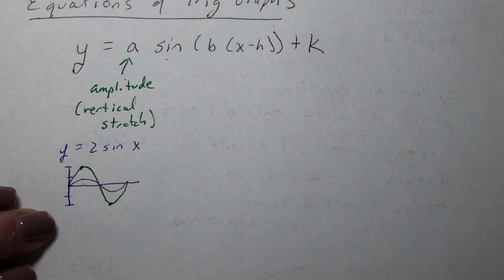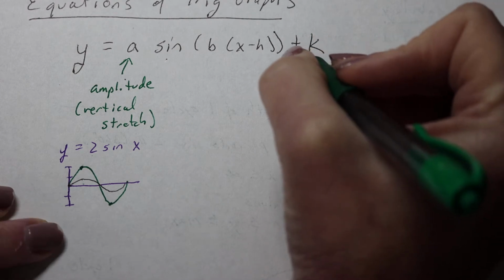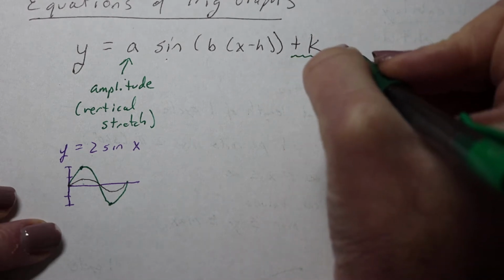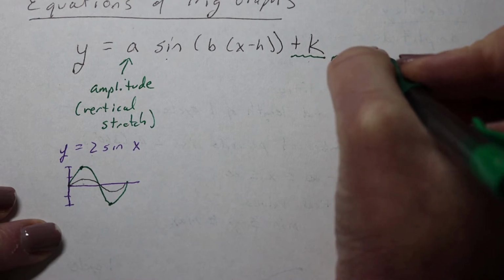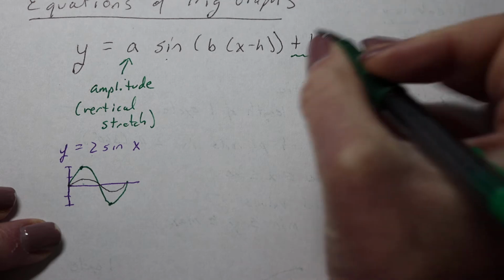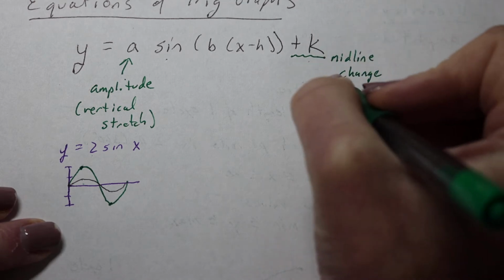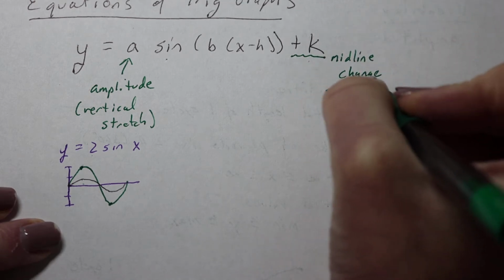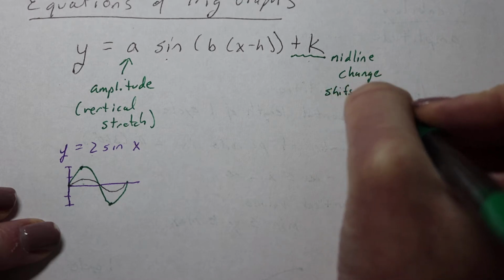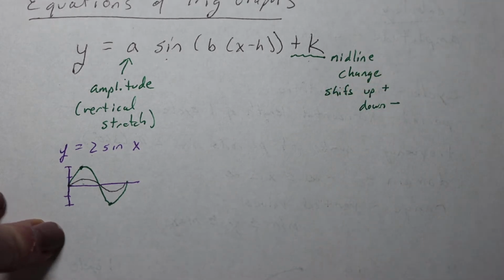The next piece is on the back end. Here, what we're looking at is a midline change. It's going to shift the whole graph up or down, depending on if it's positive or negative.